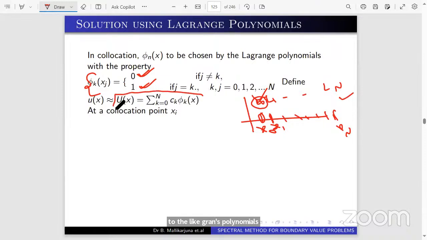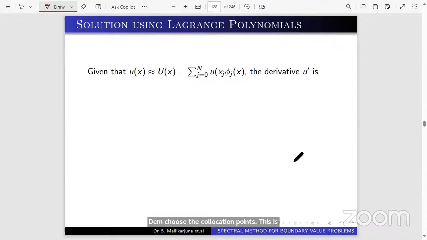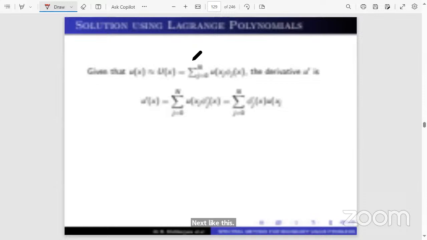That can be replaced with this approximating function. Then choose the collocation points. Next, like this, and its derivative.